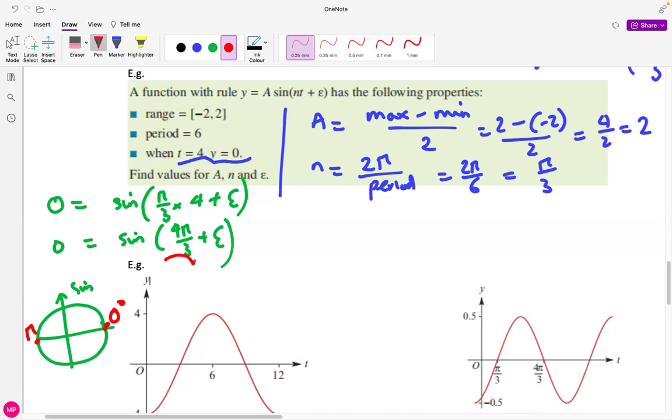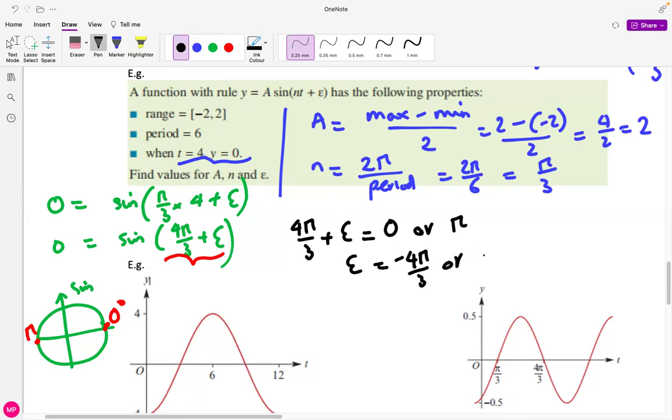So whatever that is inside here has to be equal to 0 or pi. So we would have 4 pi over 3 plus epsilon equals 0 or pi. Then we can solve for epsilon from here. So epsilon equals, we subtract 4 pi over 3, negative 4 pi over 3, or pi minus 4 pi over 3.